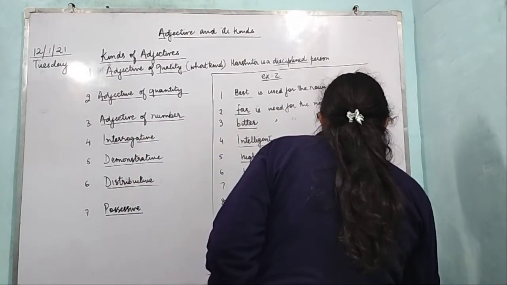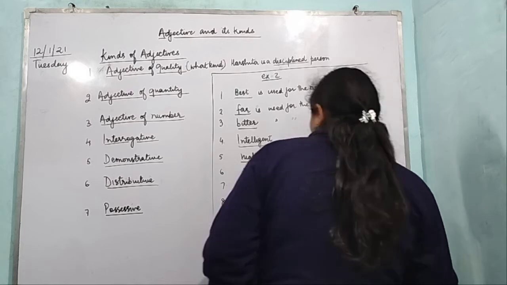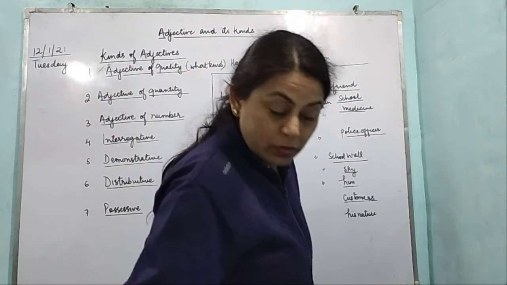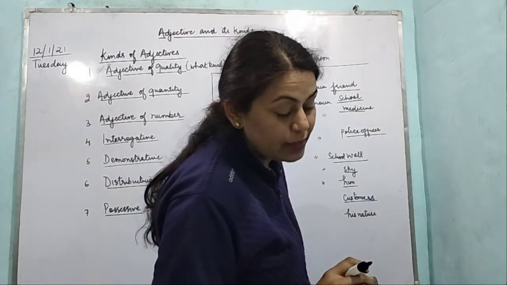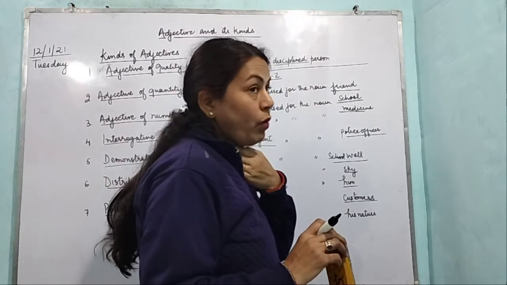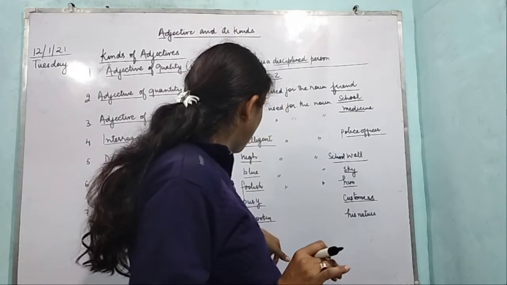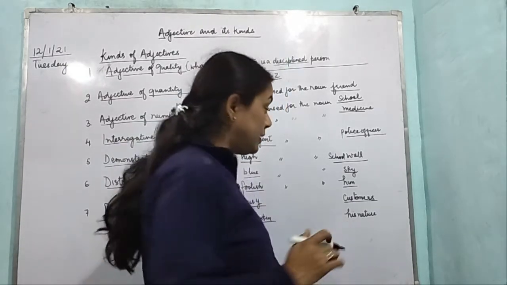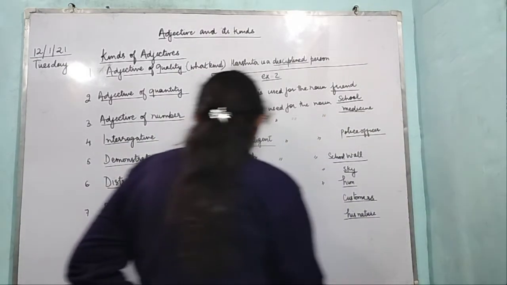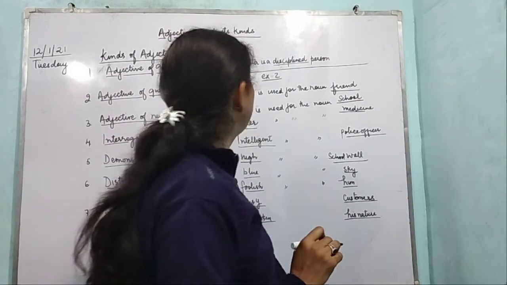His nature. Not nature. Everyone admires his nature. What kind of nature is his? Outspoken nature. So here it is describing the nature. It answers the question what kind.